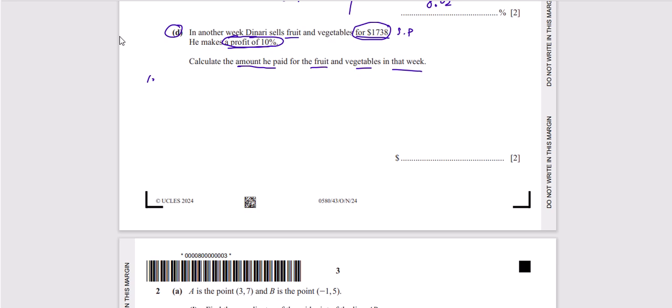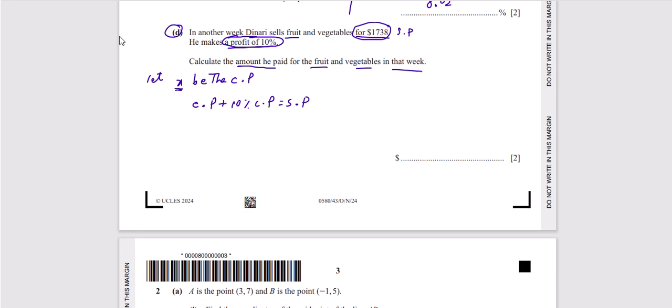So first of all, let X be the cost price. The formula is cost price plus profit percentage of cost price, 10%, is equal to selling price.